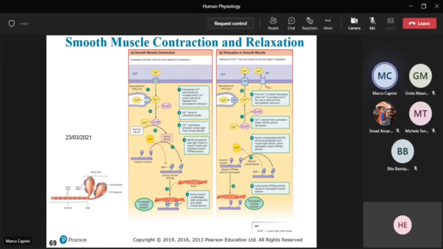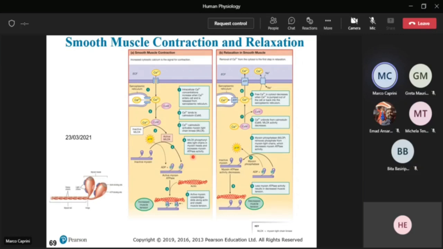Okay, so two different enzyme activities that are linked to the calcium increase in the cell. Calcium calmodulin activates a myosin light chain kinase that phosphorylates the light chain in myosin heads and increases the myosin ATPase activity.